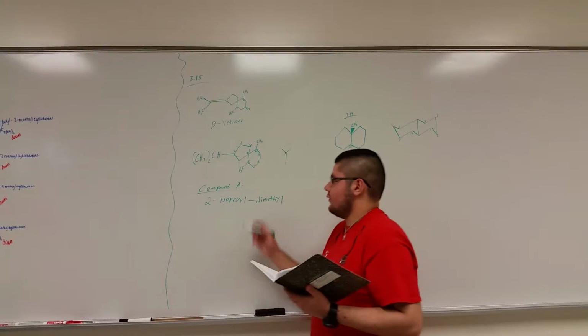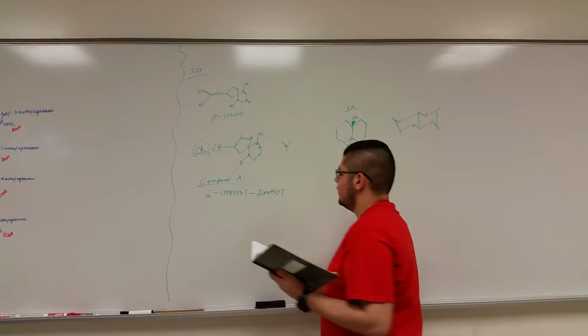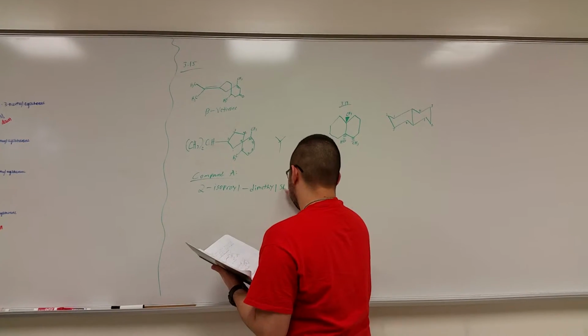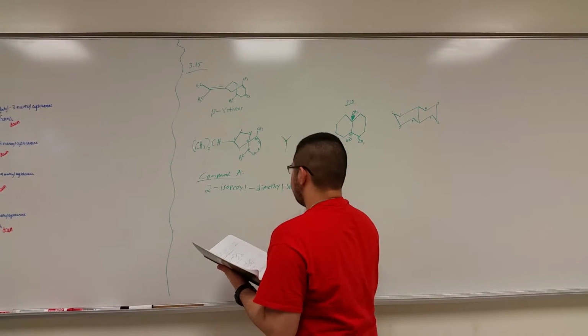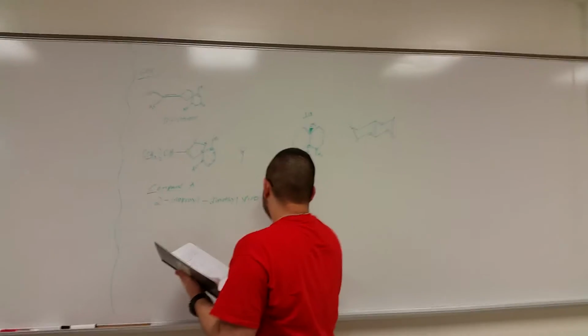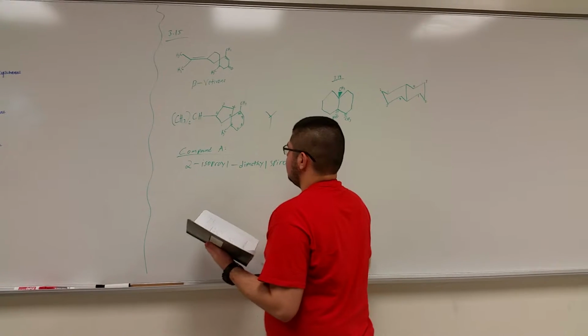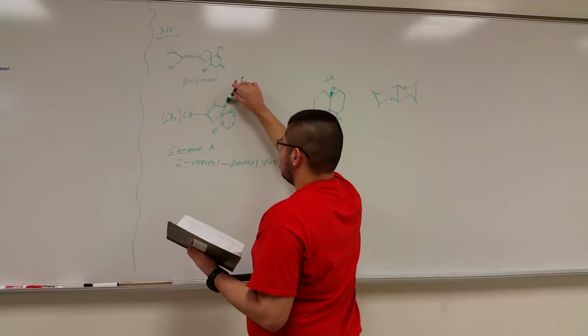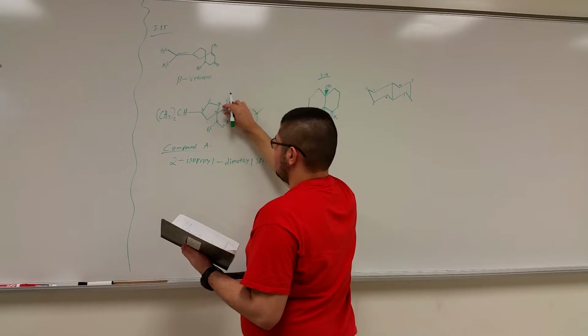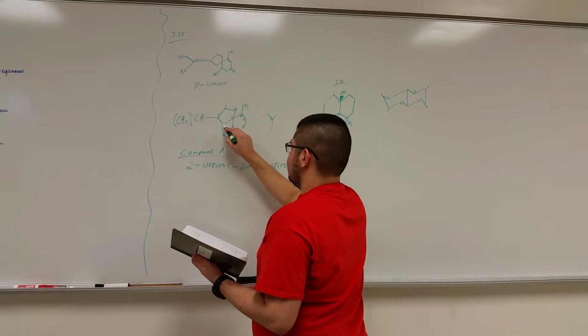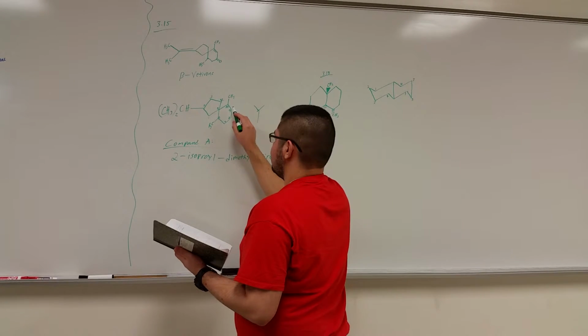And then, like I said, since this is arranged in a spiro fashion, it's dimethyl spiro. Spiro 4,5, because the 4th and 5th positions are where the spiro counting goes along.